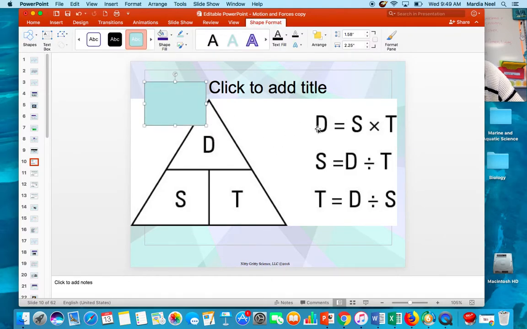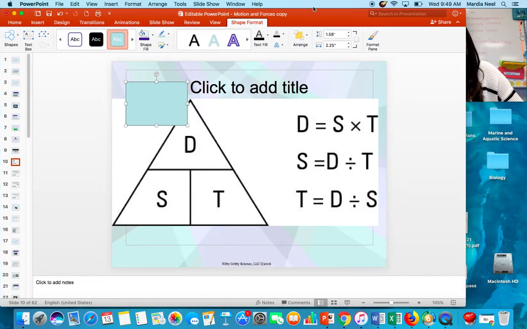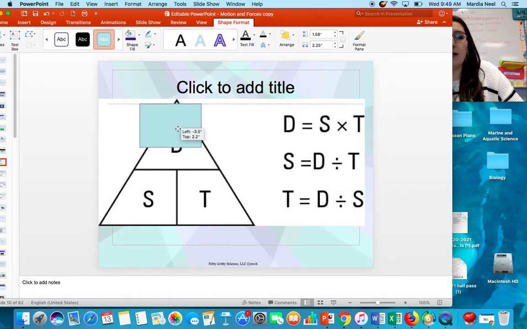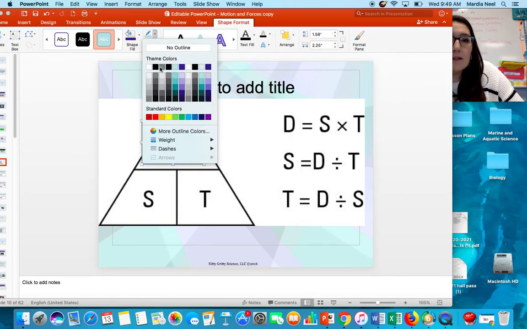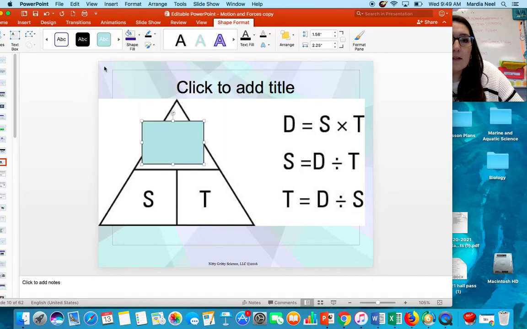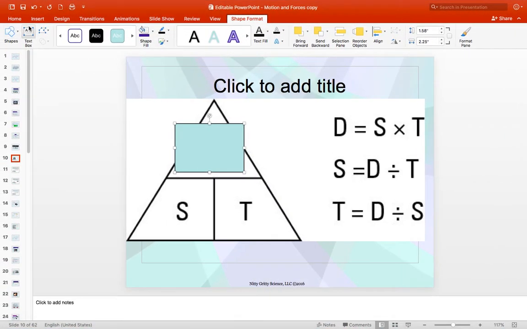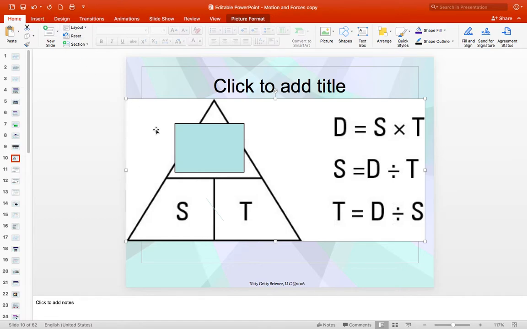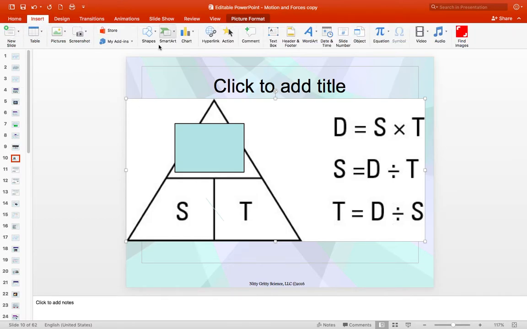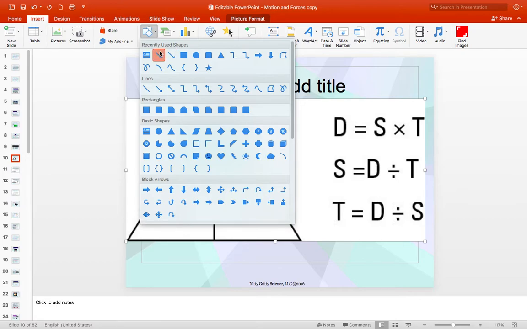All right, so if I want to find out distance, I am going to take this blue square and cover up distance. And distance is equal to speed times time. That did not show up at all.